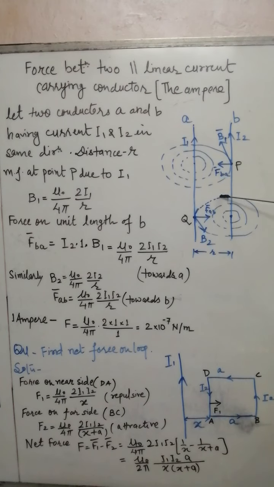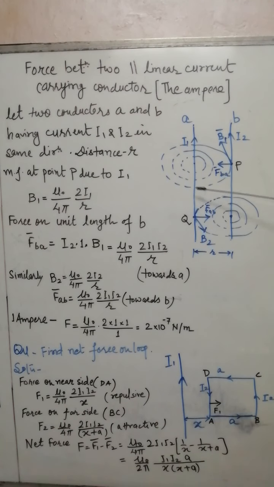But at this point the magnetic field will be outward, coming out of the paper, so it is shown like this. B2 will be the direction of the magnetic field at point Q. Here the magnetic field will be mu naught by 4 pi into 2 I2 by R, since I2 current is flowing in conductor B, and the magnetic field due to the second conductor is B2.